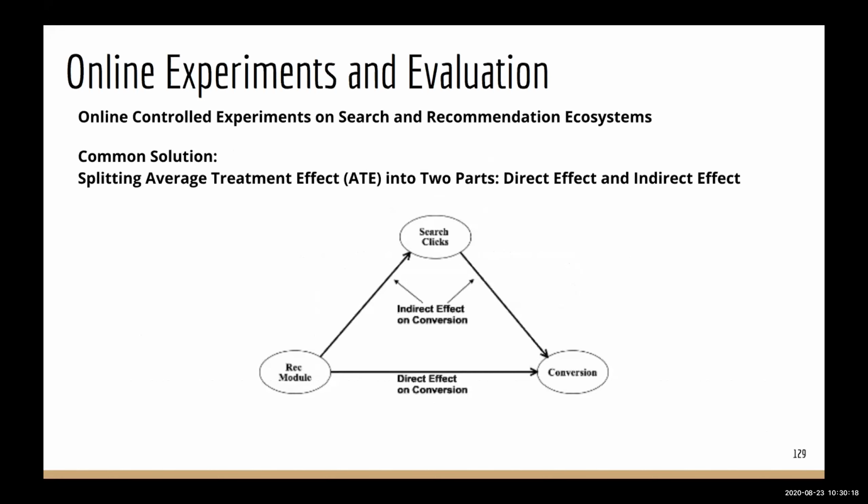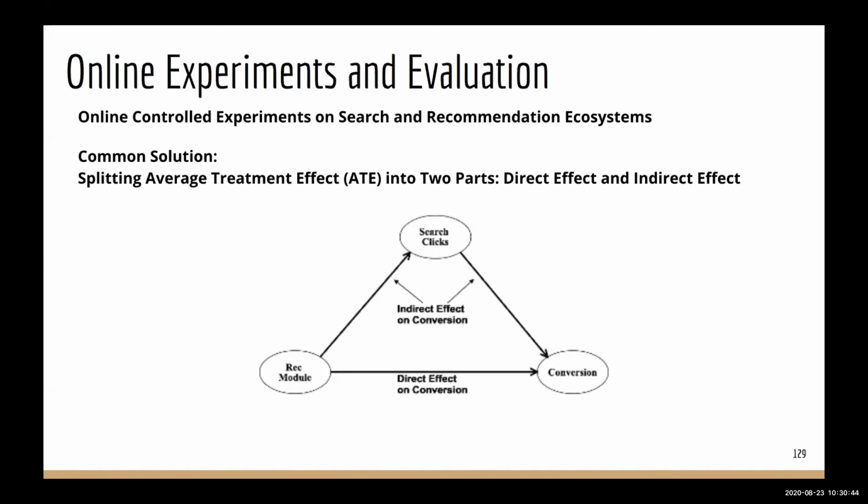Once you have this causal graph or the assumption, then in statistics and economics, there's a common tool that you can leverage, which is essentially to split your average treatment effect, which is the thing you observe from A/B tests, your session-wise revenue or conversion rate, into two parts, right?